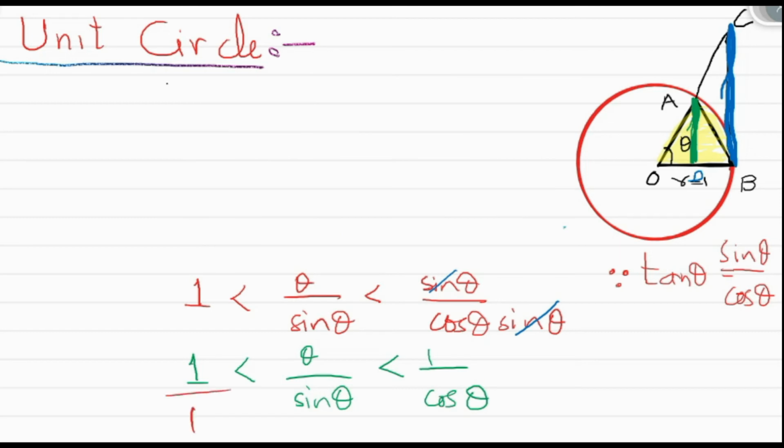Now I am inverting the fractions in the whole inequality. So 1 by 1 again gives 1, theta by sin theta gives sin theta by theta, and 1 over cos theta gives cos theta.